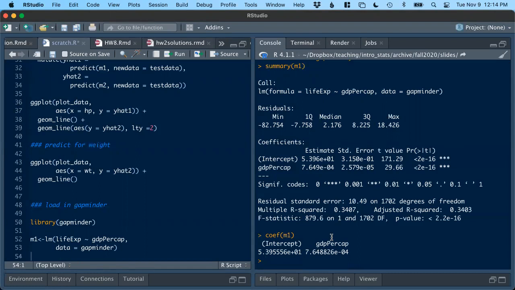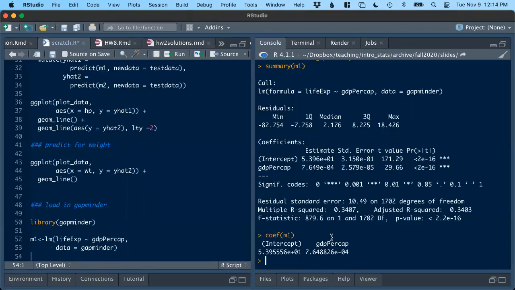We move 1, 2, 3, 4 decimals over. So that's saying in practice that for every $1 increase in GDP per capita, we get a 0.00076 increase in life expectancy.